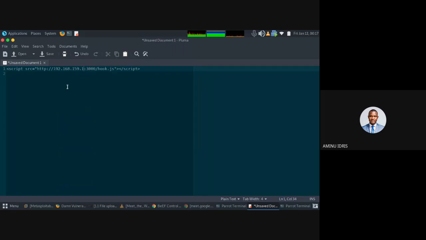The port being used by BeEF is port 3000. So now we have the URL 192.168.159.1, the port, and then the file that stores the hook, which is named hook.js.